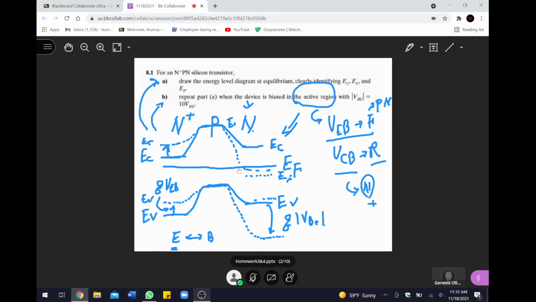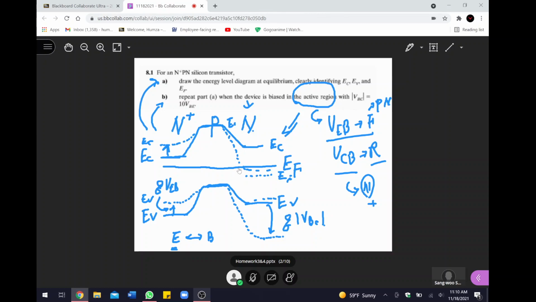So Professor, in the inverse active region, it will be the opposite, right? Like the N plus side will go downwards, and then the N side will go up, right? Yeah.